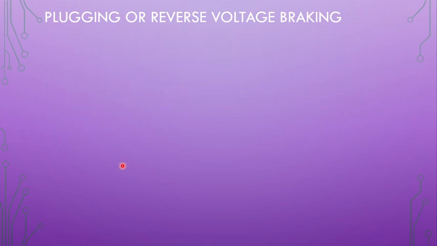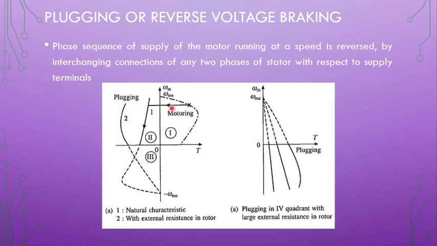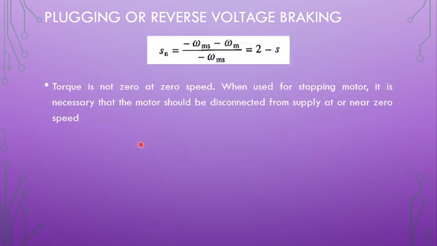Now if we see the characteristics properly, the torque is not zero here. At the instant at which we are applying the plugging, even though the speed reduces to 0, the torque is not 0. To become 0, the torque has to reach the origin, but here at this point we observe that the torque is not 0. So the motor should be disconnected from the supply at or near 0 speed.